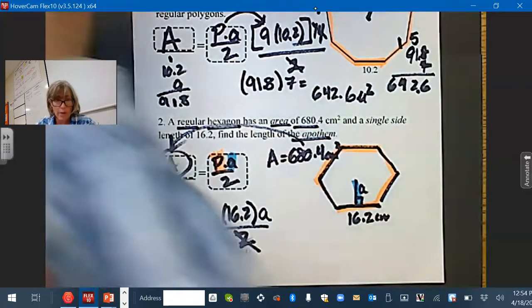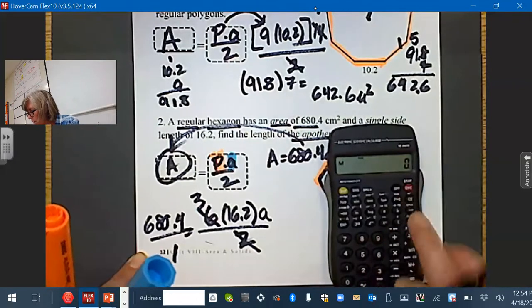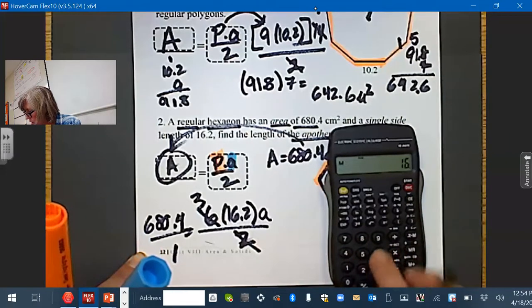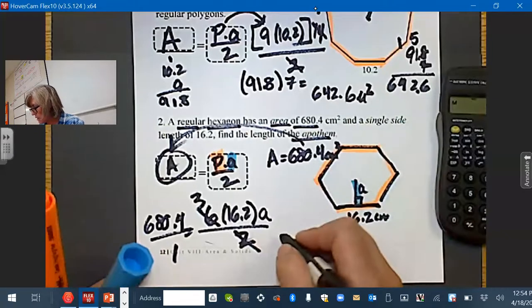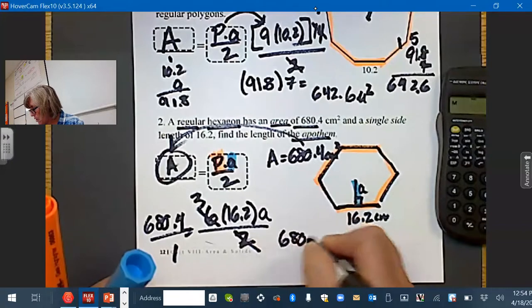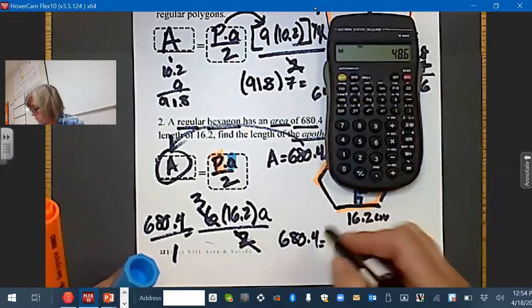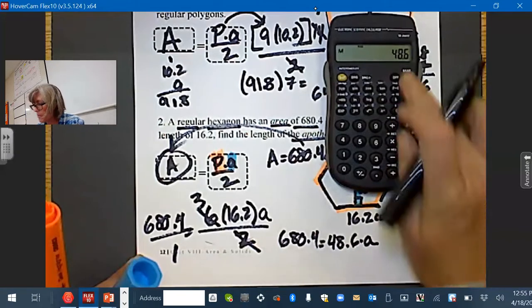And from here, yes, you can use a calculator. All right, so we are going to do 3 times 16.2. You get 48.6, so I have 680.4 equals 48.6 times the apothem.